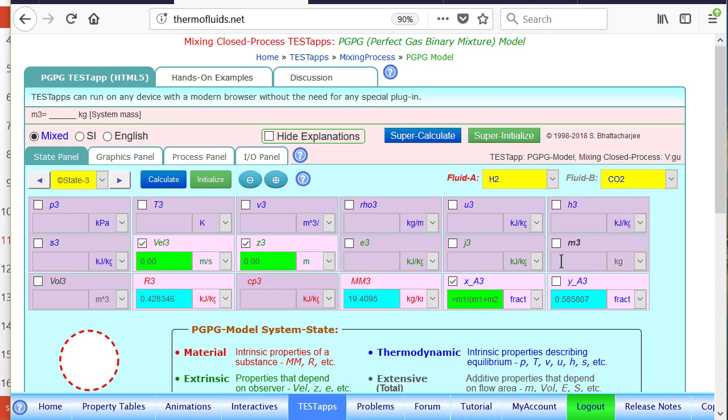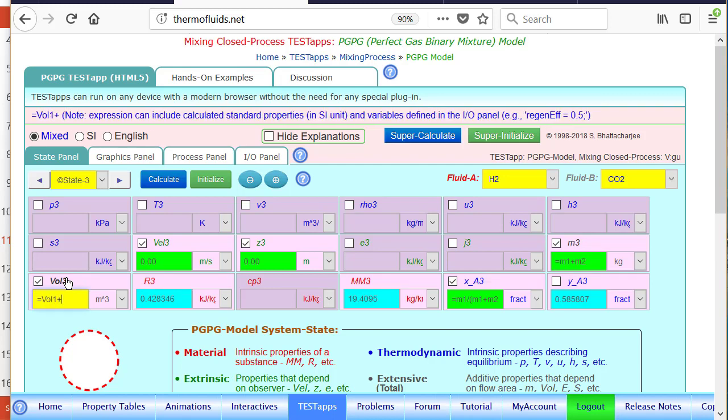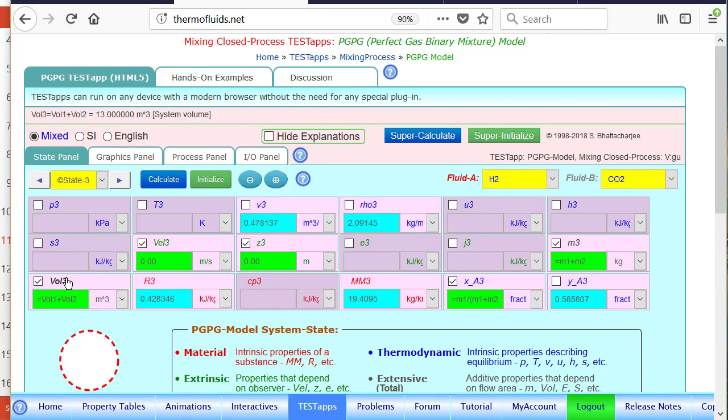We also know the total mass, M1 plus M2. We can write that down. And we do know the final volume because the mixture occupies both tanks now, volume 1 plus volume 2. But even that is not sufficient for the entire state. We need one more variable, either pressure, temperature, or energy.